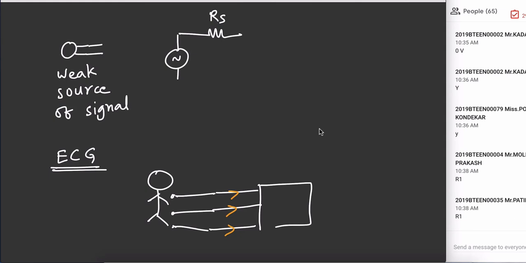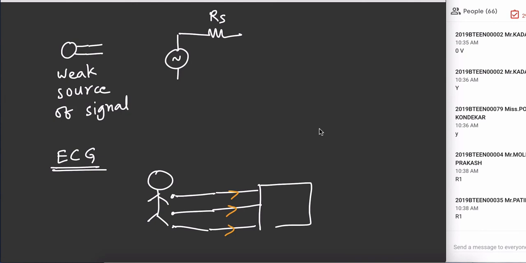Right? The signal will be lost, probably the signal will be improper if we try to load the source of signal. Sometimes the source of signal is weak, very similar to our body. Electrical activities are happening in our body, but when we sense those activities through an electrocardiogram or some other equipment, the body cannot supply a large amount of current.